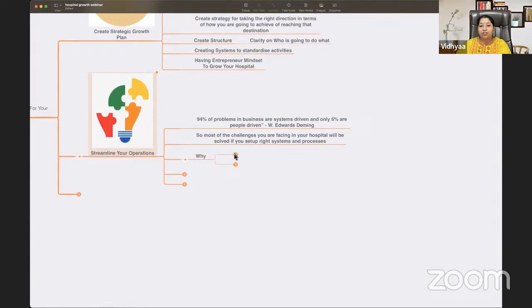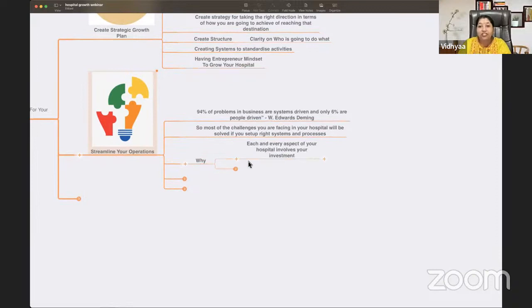Why do you need systems and processes? Because each and every aspect of your hospital involves your investment. The salaries that you're paying, the inventories that you have in your hospital, all those things consume your cash flow. The equipment that you buy, each and every part of your hospital involves investment.